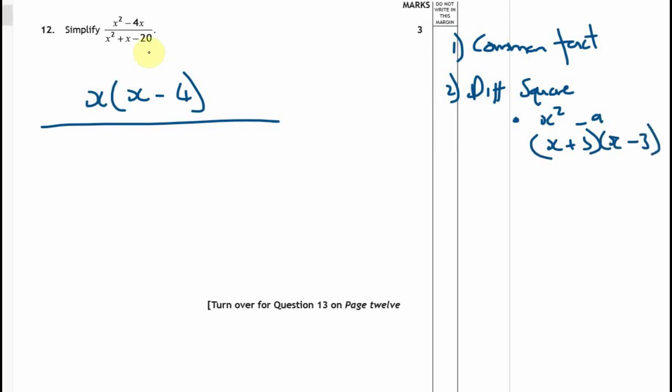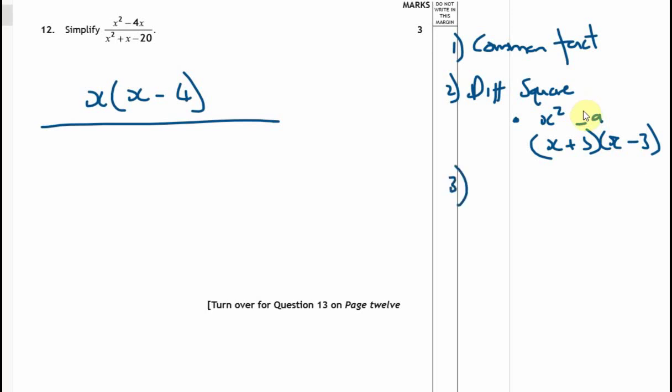The key here is difference of squares. This number is going to be a negative square number. So we basically do the root of that number and then do an x plus 3, x minus 3. We do the plus the root and minus the root. So if we've got no x and we've just got a square number at the end, it's going to be difference of 2 squares.